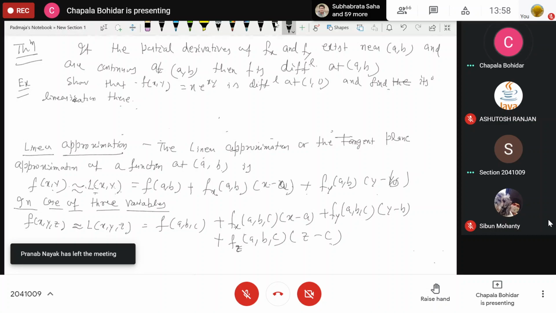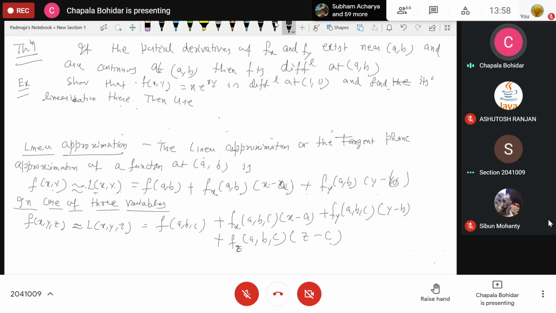Then use it to approximate f of 1.1, minus 0.1.